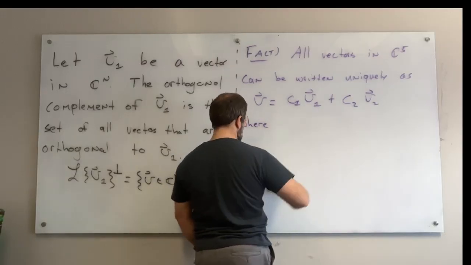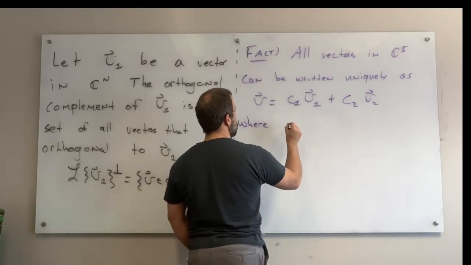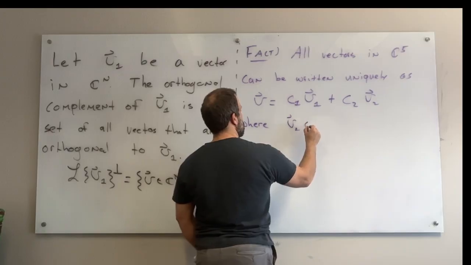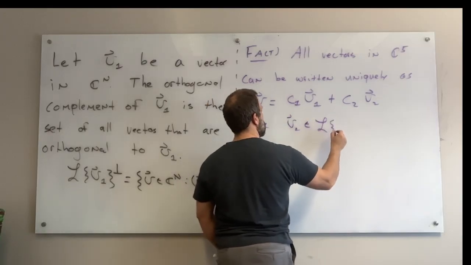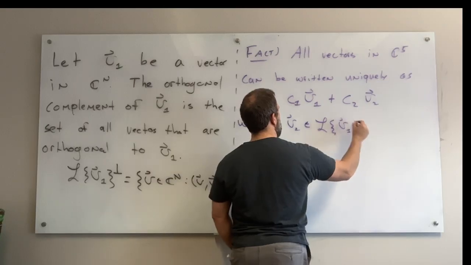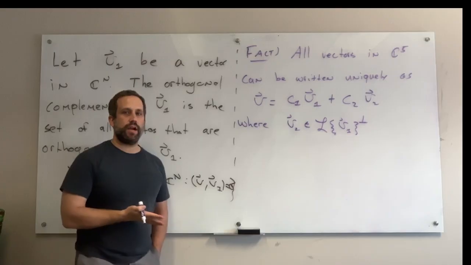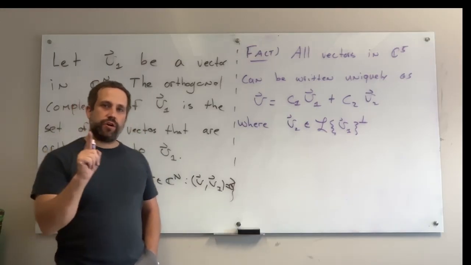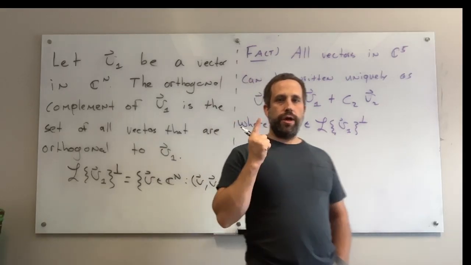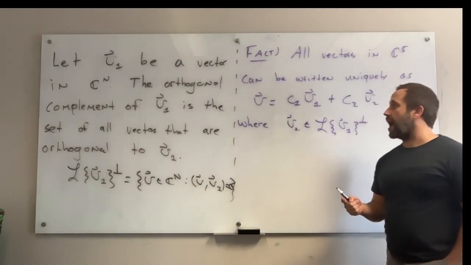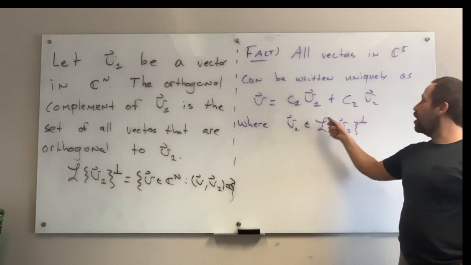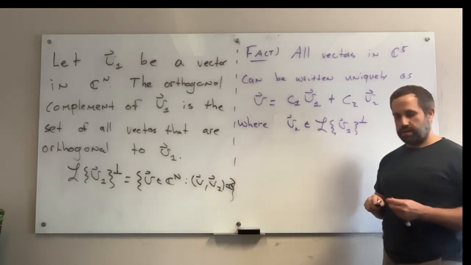Let me just write it like this, where V2 is in the orthogonal complement of V1. Okay, so what we're saying here, if we have a vector in C5, we can write any other vector in C5 as a multiple of that vector plus something that's orthogonal to it.